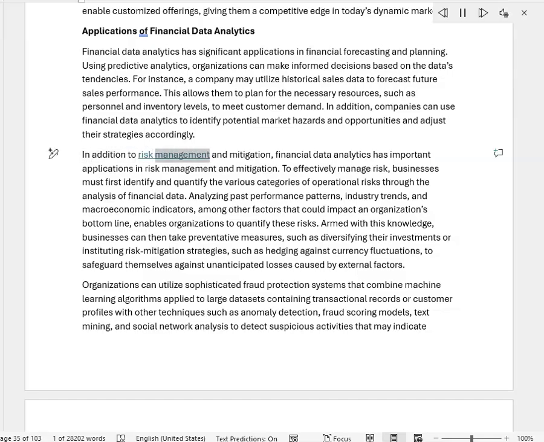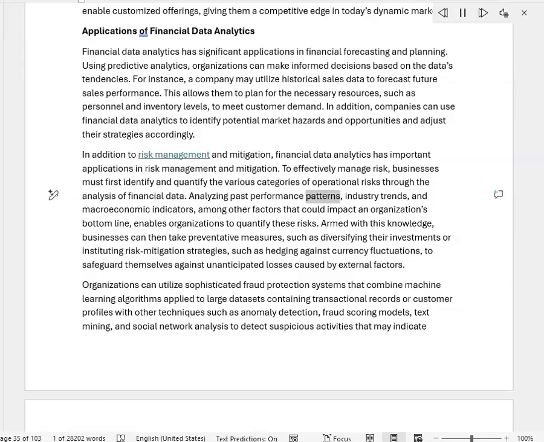Financial data analytics also has important applications in risk management and mitigation. To effectively manage risk, businesses must first identify and quantify the various categories of operational risks through the analysis of financial data.